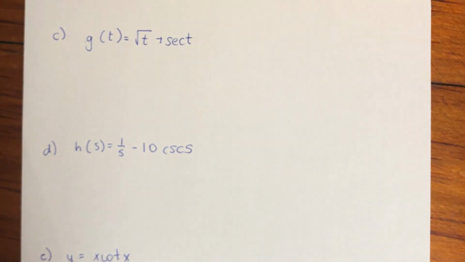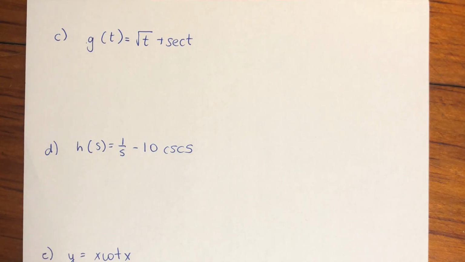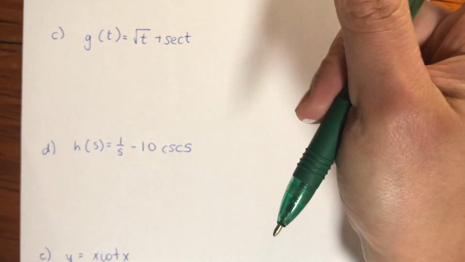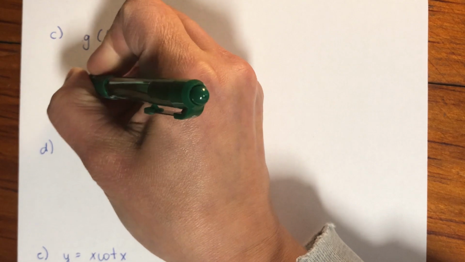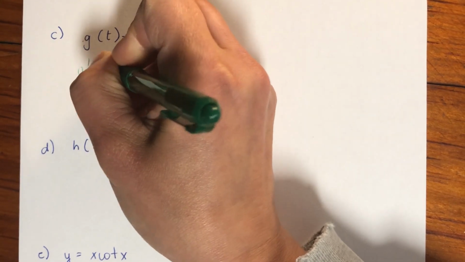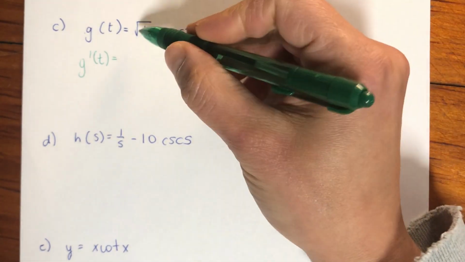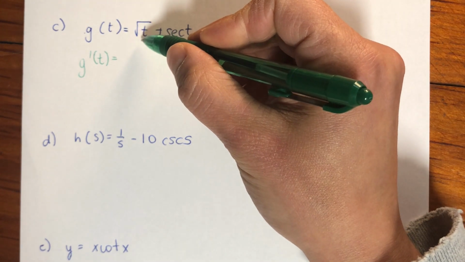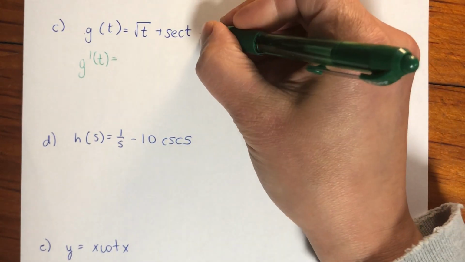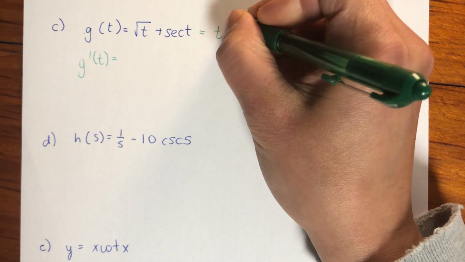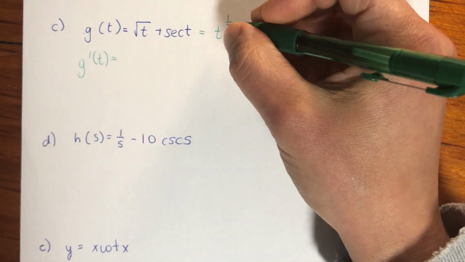So notice this one, I have square root of t plus secant of t, and I want to find the derivative of this. So derivative of square root of t, I can write this in a different way. I see it a little bit better.